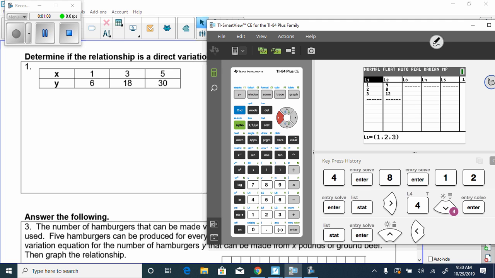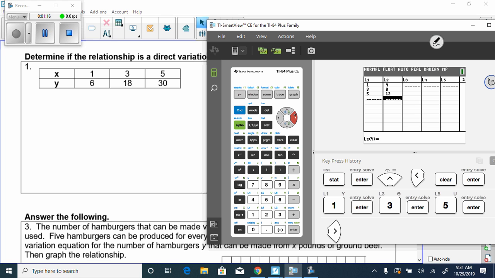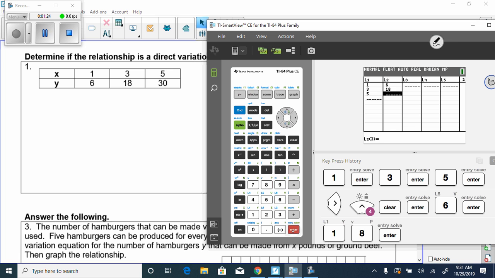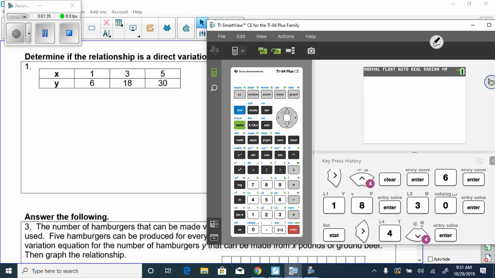So in list 1 we have 1, 3, 5. And in list 2, we have 6, 18, good. Okay, we press stat, calc 4, and we press enter on calculate.